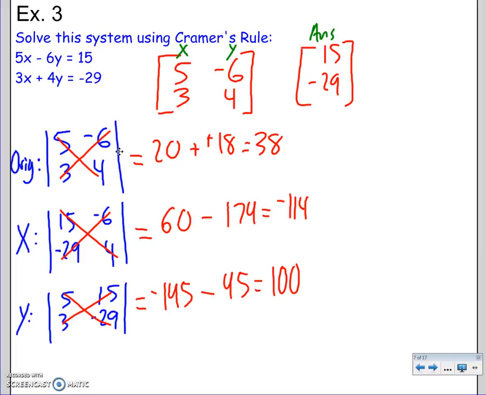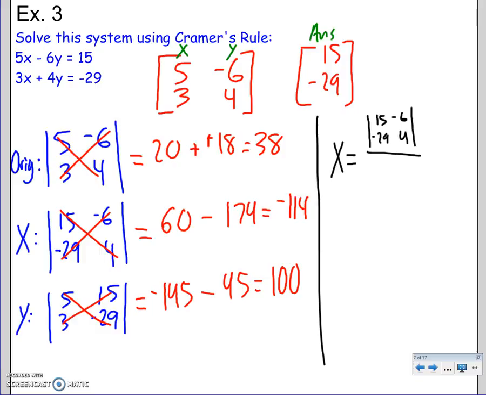Alright, so now to find the letter x, all I do is the x one. So the determinant of 15, negative 6, negative 29, 4 over the original, 5, 3, negative 6, 4.